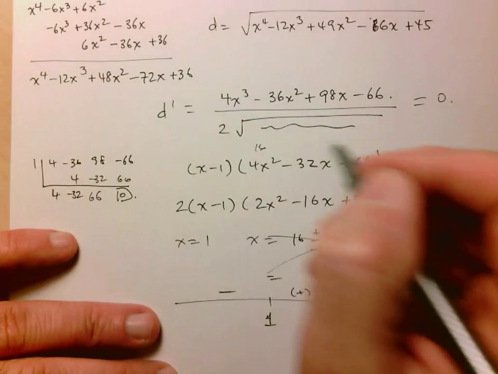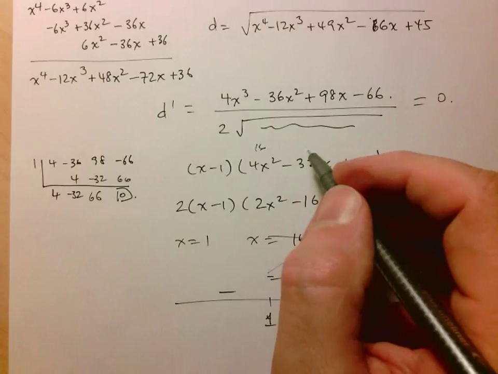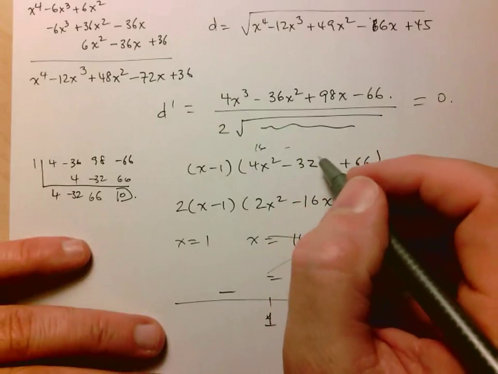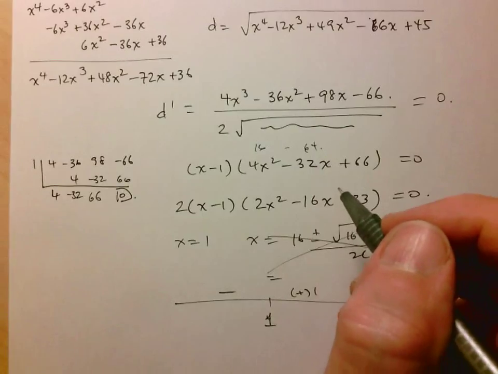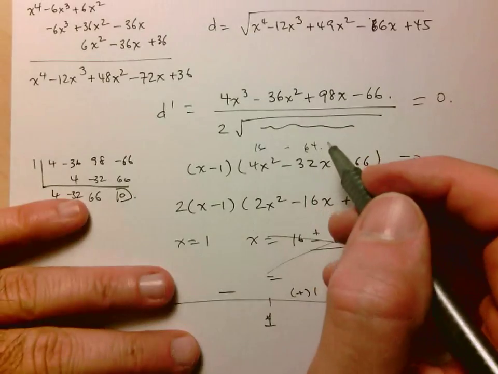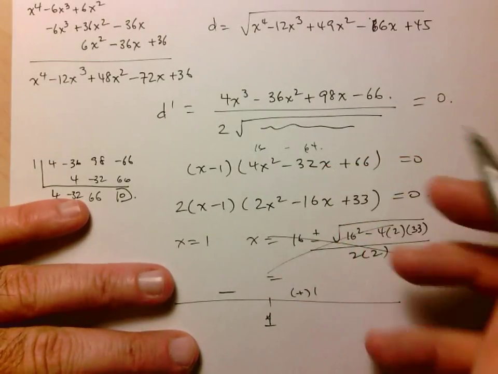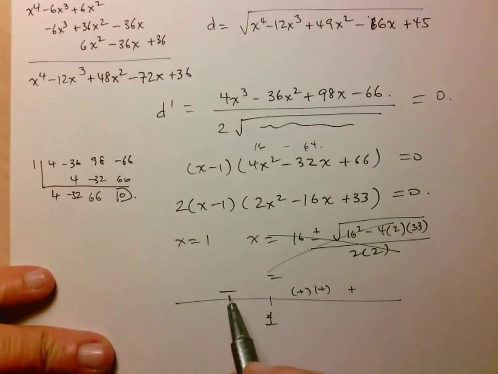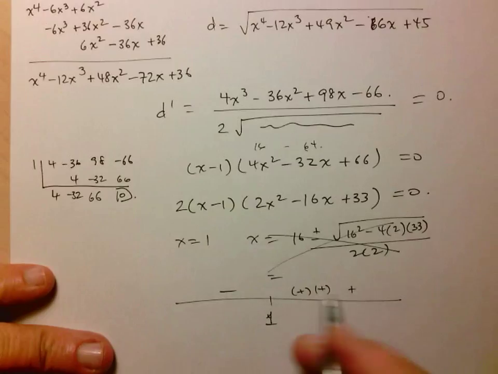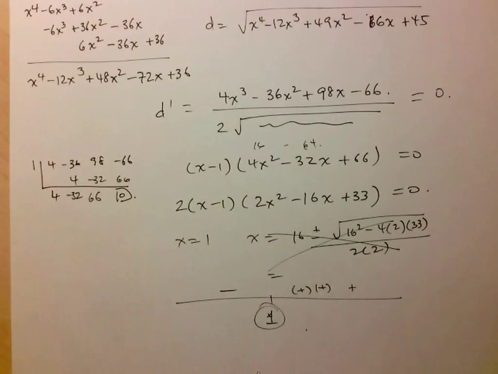So 4 times 4 is 16, minus 32 times 2 is 64. So 16 minus 64 is something that's not as negative as negative 66. So that's going to be positive. So here we indeed go from decreasing to increasing. So this is going to give a minimum value.